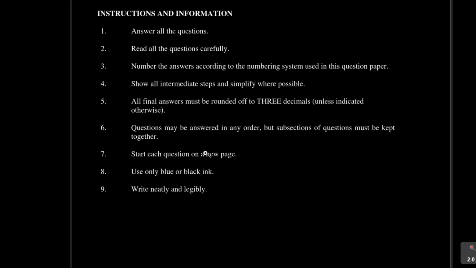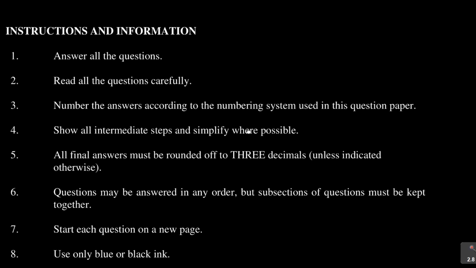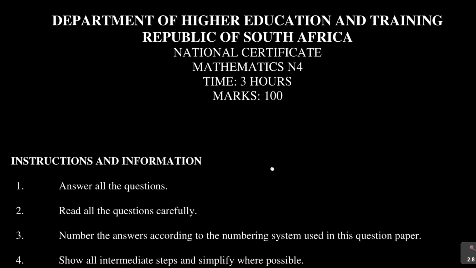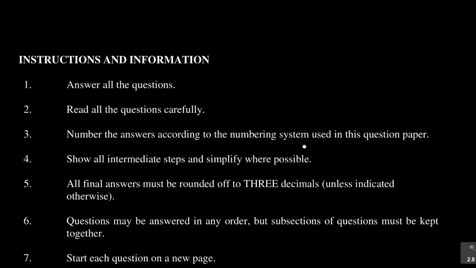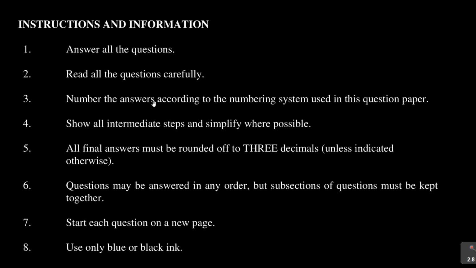So let us look at this question paper that was just written, and see what it was bringing along. These are basic instructions which you need to go through. Very important. Answer all the questions, read all questions carefully, number the answers accordingly, show all intermediate steps. Please don't forget that, very important. And then the rounding off here is 3 decimal places, don't forget, very important.